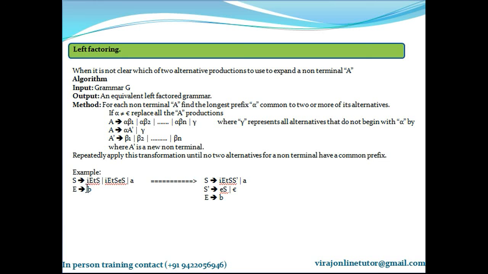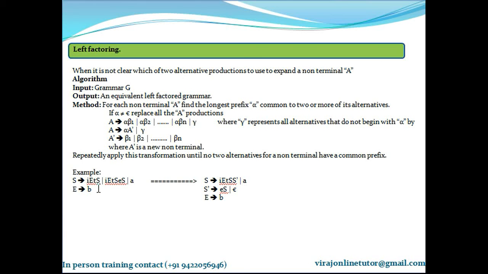So in the example, S is having 3 different productions and E is giving you b. So over here on the right hand side, there is S gives iEtS or iEtSeS. So the left hand side of these two productions is almost similar as far as iEtS goes.